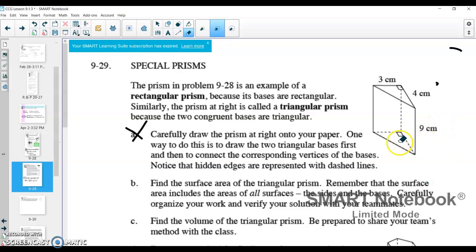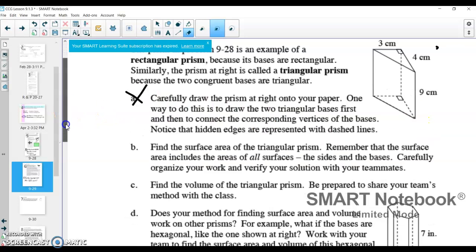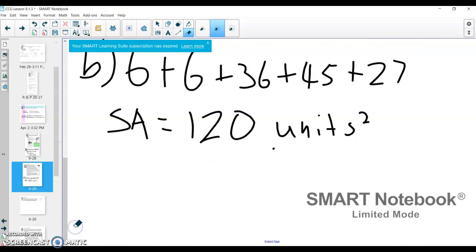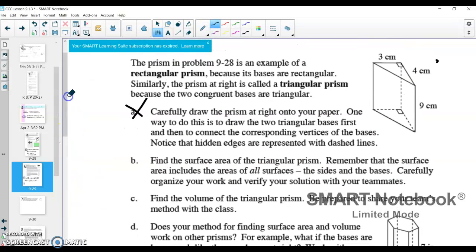And so what we have here is this base down here, a 3 by 4 right triangle, and we have 9 of those stacked on top of each other. That's the way I like to think of it. So if I want to find the volume for part C here, I need to find the area of the triangle, which we already did, and it was 6.